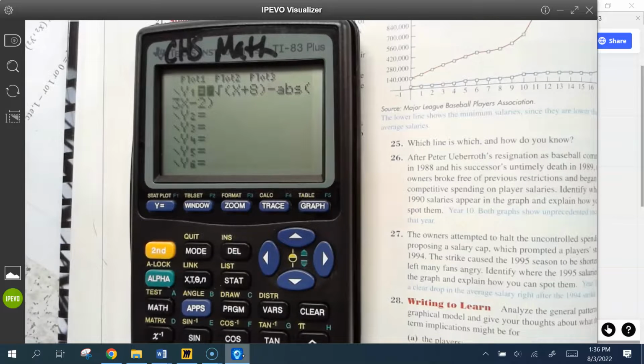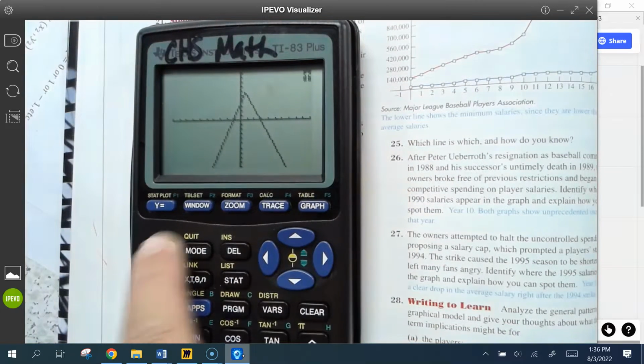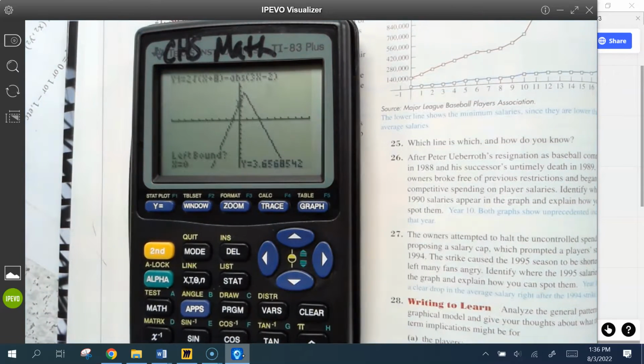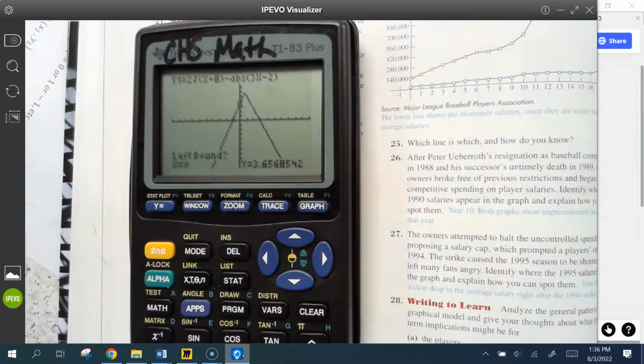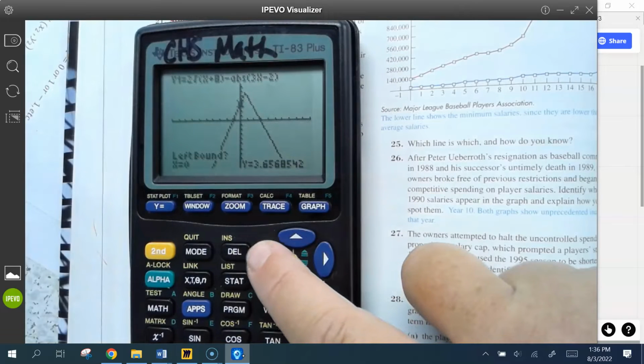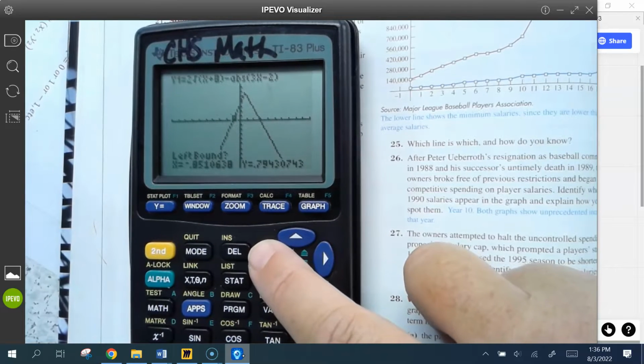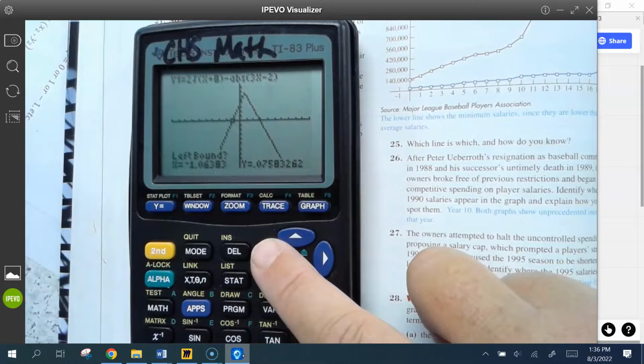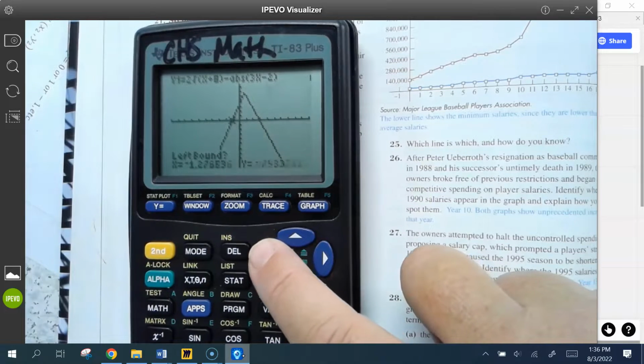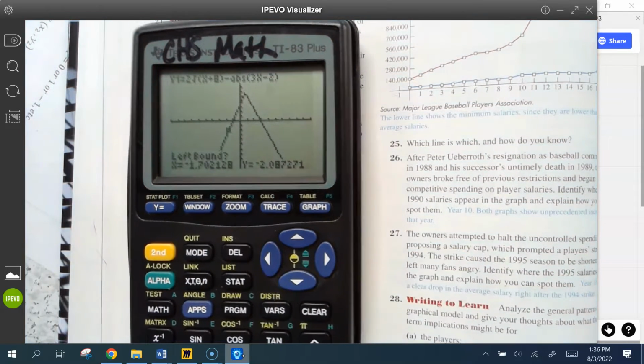Okay. Only a few minutes, that's right. Let's hit graph. All right, second trace, 0, right? We did this in Algebra 2. Okay, so you might have to dust the cobwebs off, but you should know how to do it. Left bound, remember, see my spider that's blinking? Go close to where it is, and you want to click left 1, 2, 3 times and hit enter.